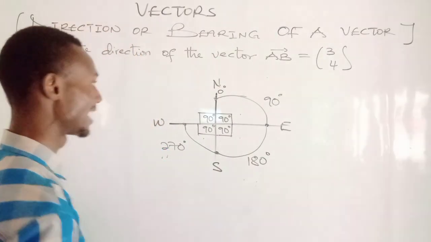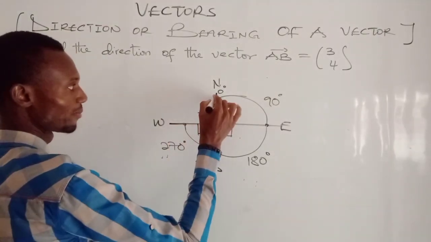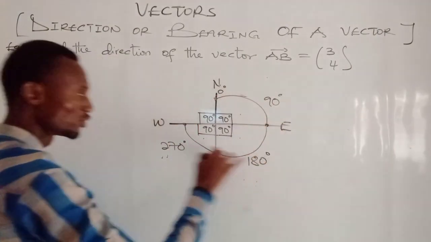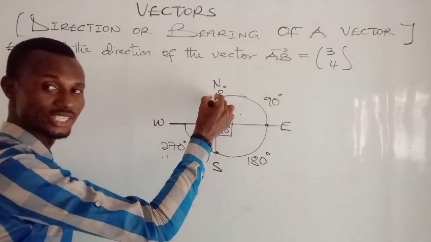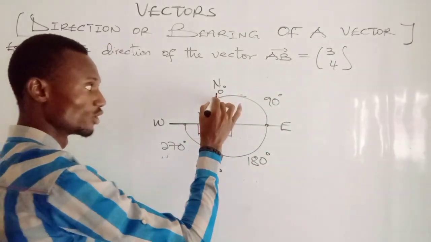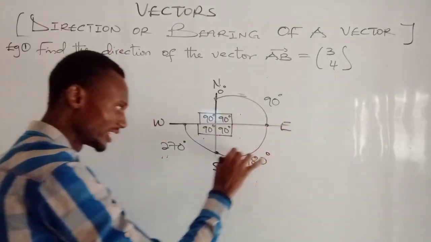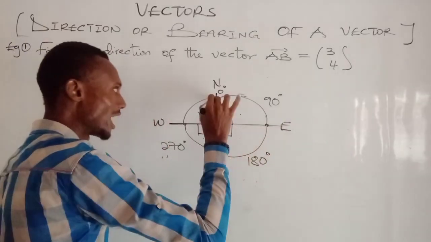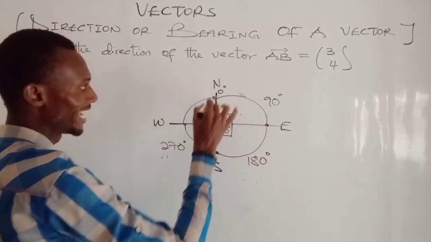Let's proceed further. Let's read from the north again up to the same point, which is the north. We will move in the clockwise direction, pass through all these points, and continue up to the north again.